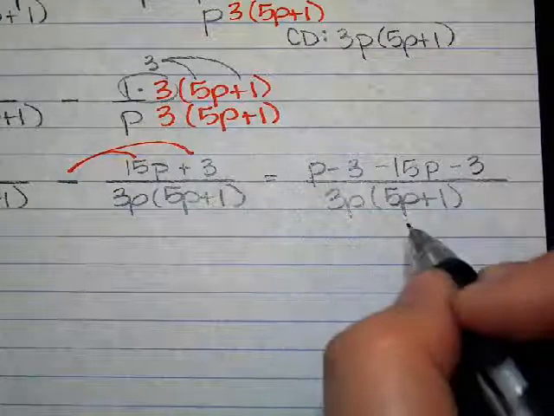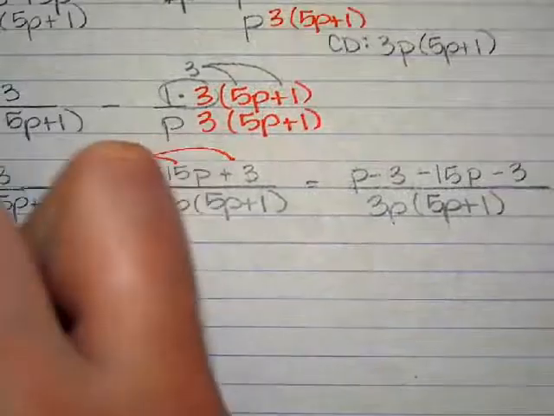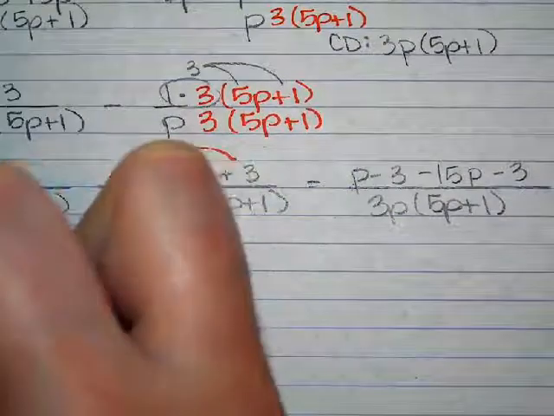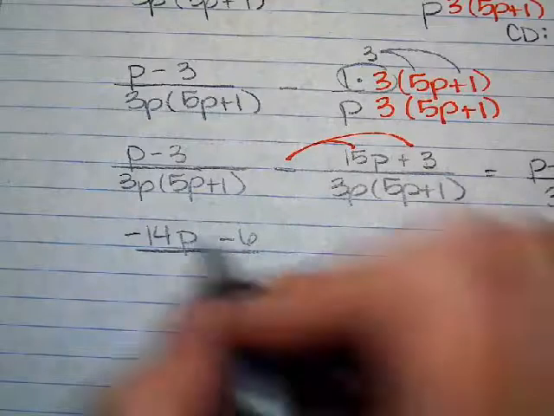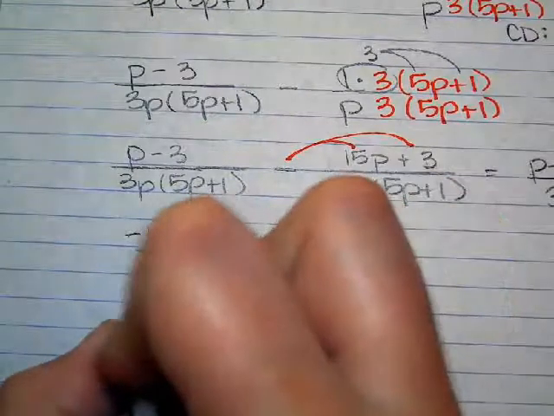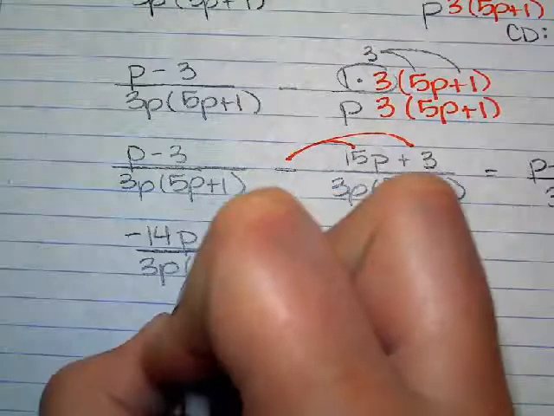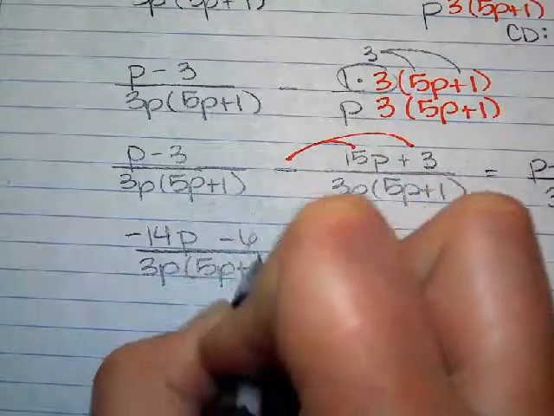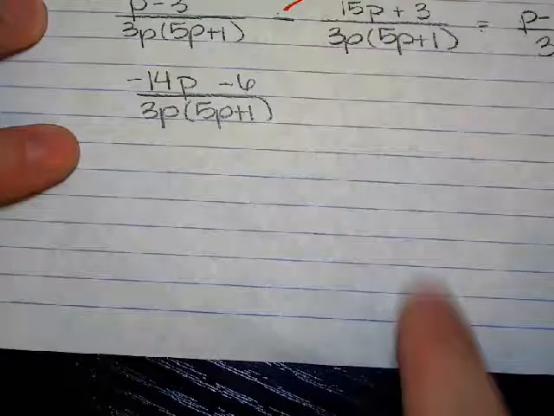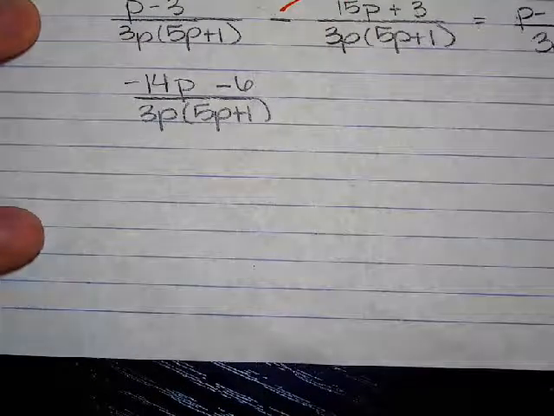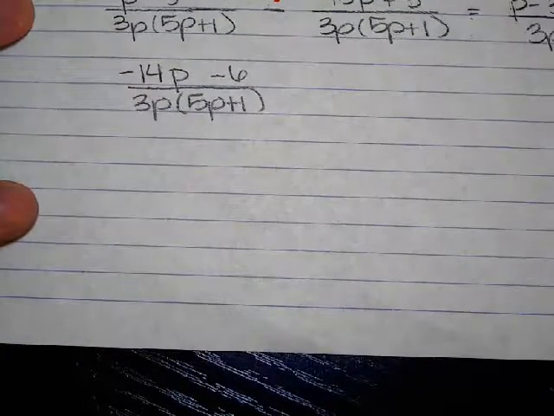Negative 14p minus 6. Okay. And then do you guys notice any factoring that we can do? We can take out a negative 2. Okay. So if we take out a negative 2 on top, what's going to be left over?